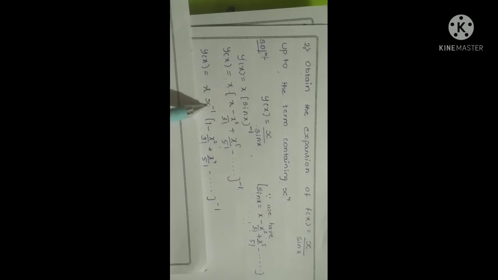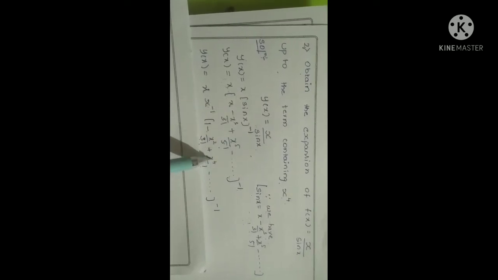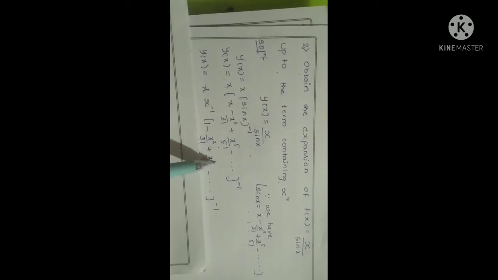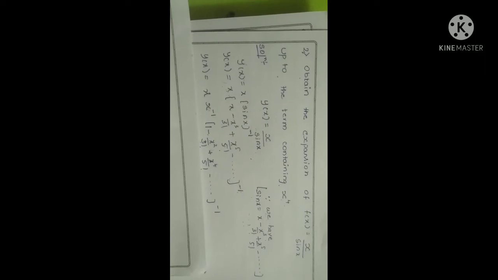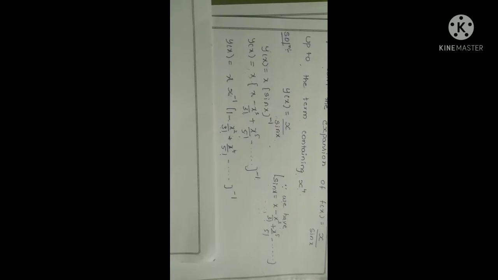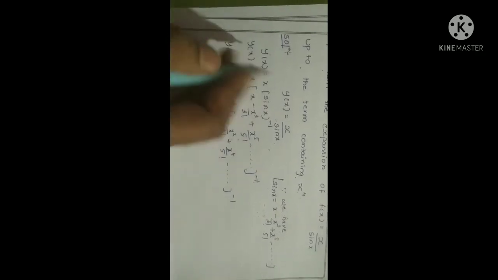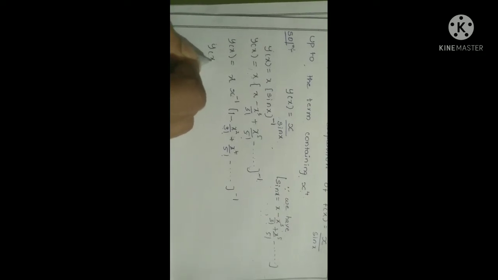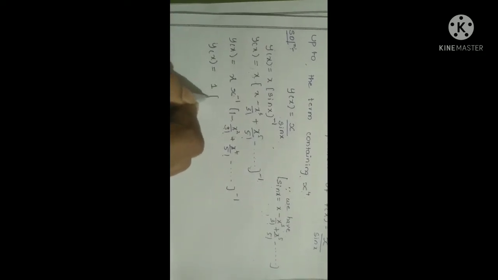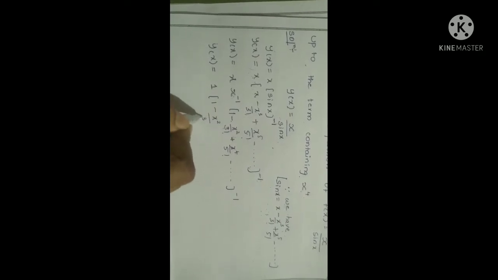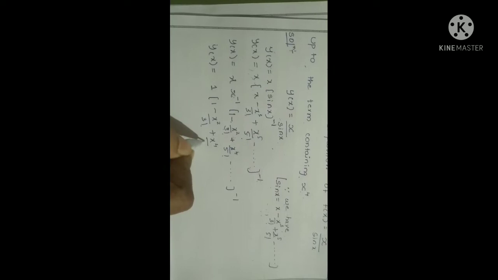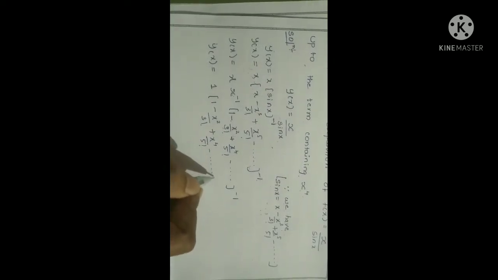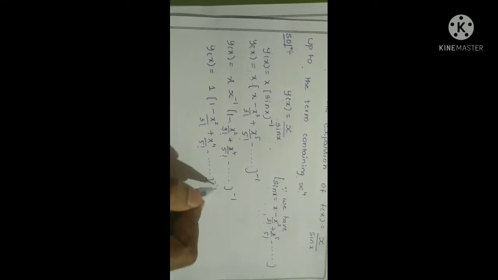So x into x inverse, and what you have inside the bracket is 1 minus x square by 3 factorial plus x to the power of 4 by 5 factorial minus so on. As you know, x into x inverse is 1. So y of x equals 1 minus x square by 3 factorial plus x to the power of 4 by 5 factorial minus so on, whole to the power of minus 1.